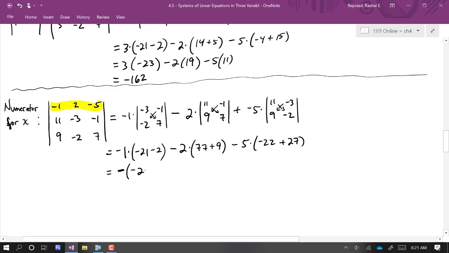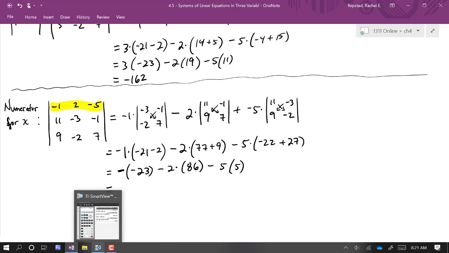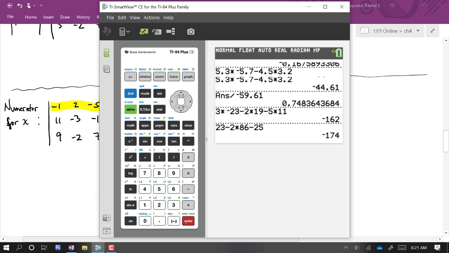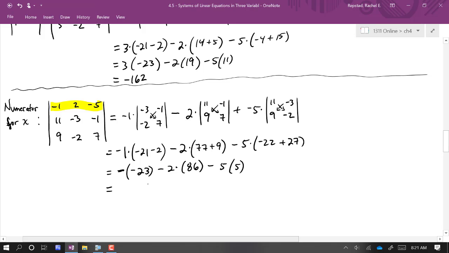Let's see, 2 times 77 plus 9 is 86. And the negative 22 plus 27 is 5. Okay, so we got -23 minus 2 times 86 minus 25. Get negative 174.